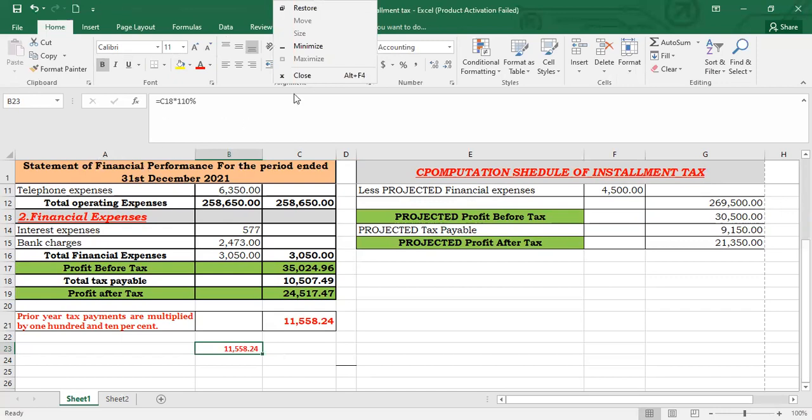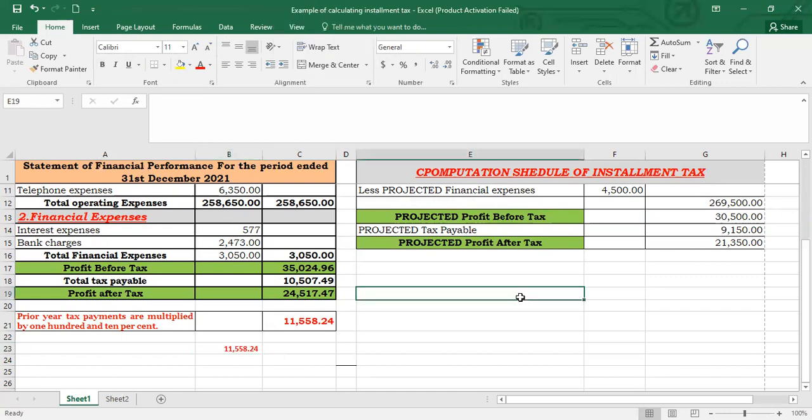Unaweza nisubiri kidogo nichukue simu hapa. It's okay. Mambo. Uko salama? Niko poa. Niko kwa nyumba.